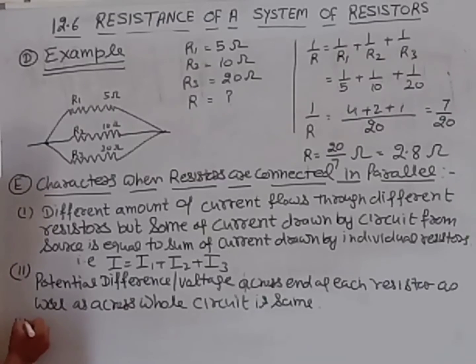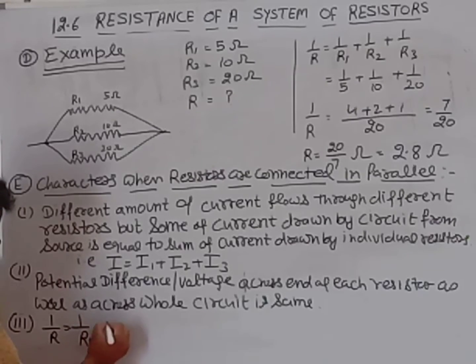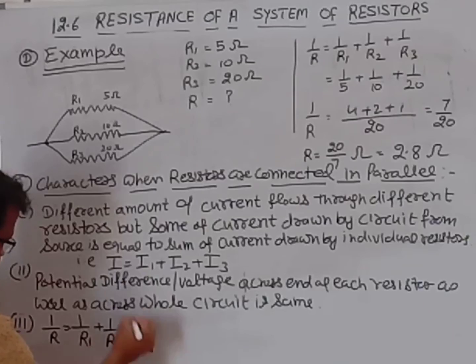If three resistors are asked, then you can write 1 by R is equal to 1 by R1 plus 1 by R2 plus 1 by R3.